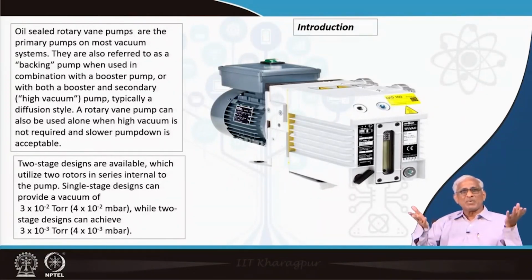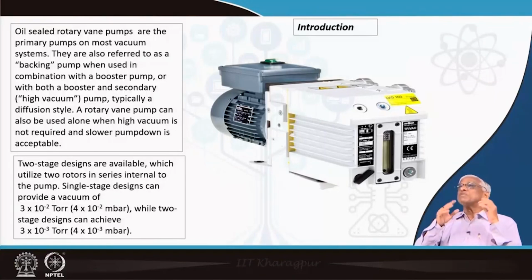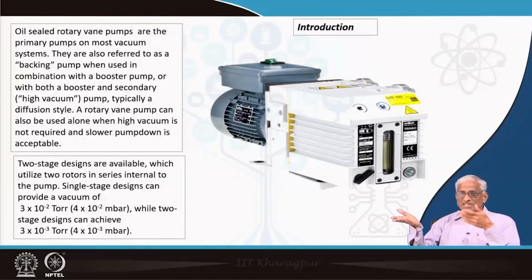But if you have a rough application of 10 torr and in a dirty atmosphere, there is no point in purchasing a highly sophisticated pump which produces 10 power minus 3 torr and should be in a very clean room type of environment. With that cost you can purchase 10 pumps of 10 torr operating type.